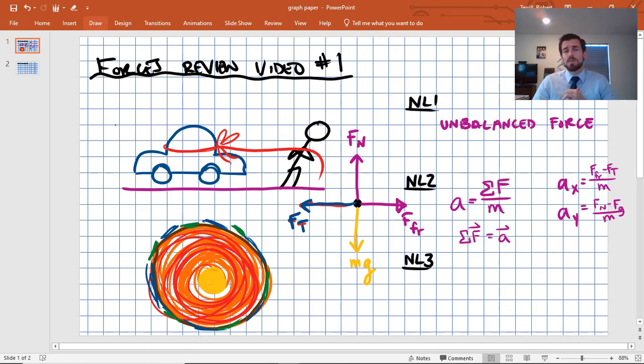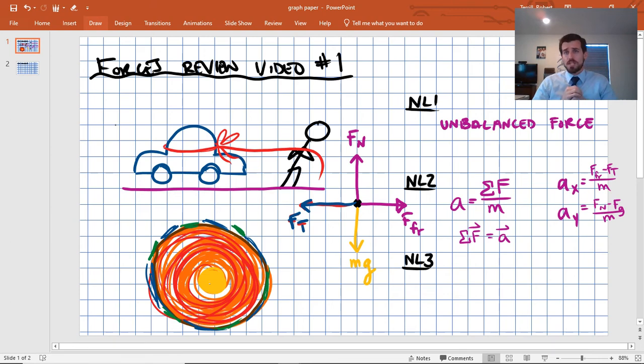So the car is being pulled towards my right, and the forwards for the man, I guess, and the man is being pulled backwards. There's also equal opposite forces for the normal force. The force of the ground pushing the man up is matched by the man pushing the ground downwards.